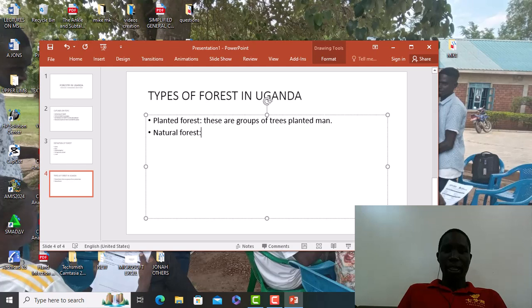This is, we see that it is not man-made, but we can say this is trees found to be growing on their own. So they are being created by God. We can see that there are examples.